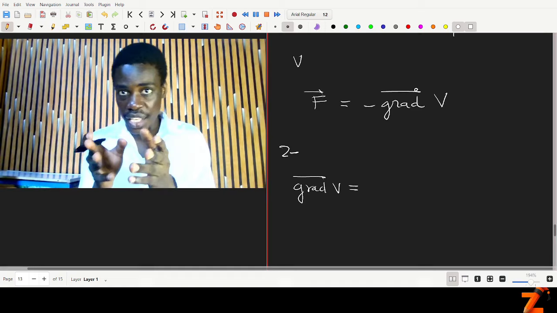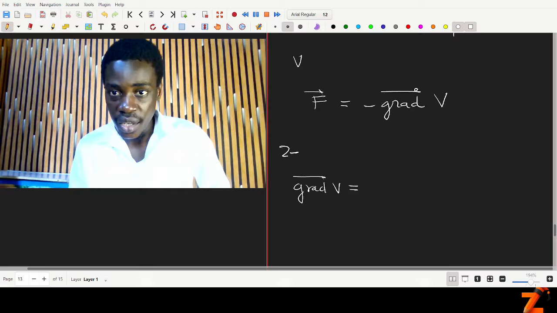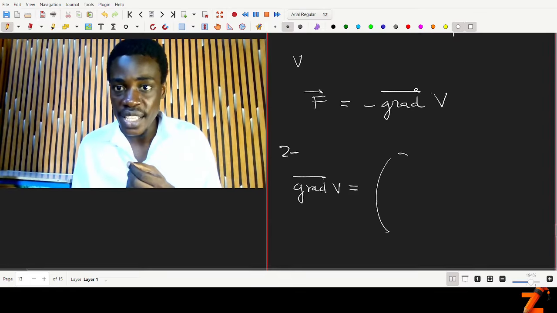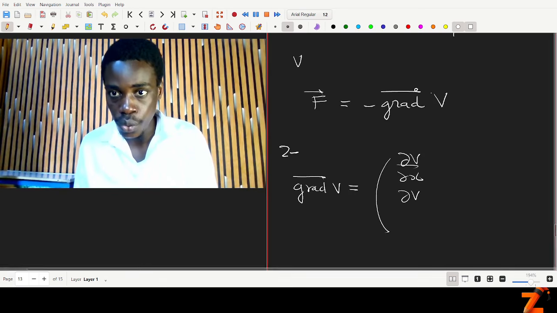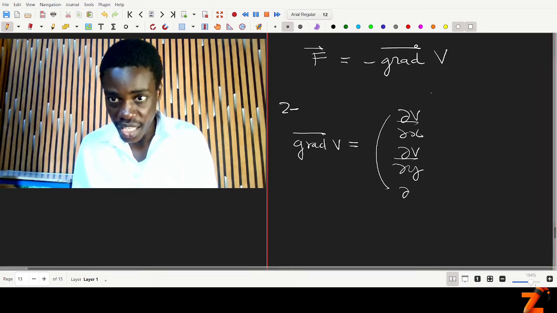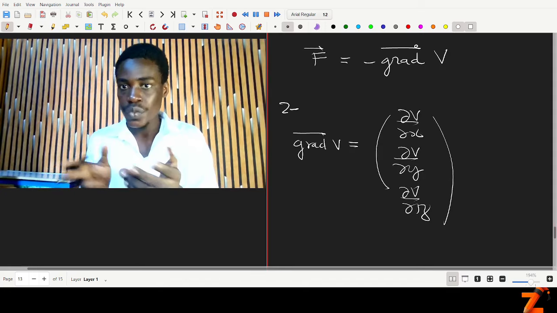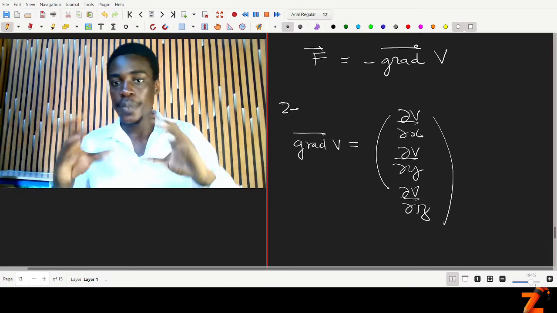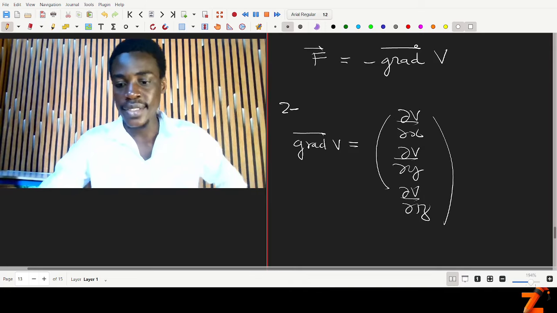The gradient of v is a vector with three components. The first component is the derivative of v with respect to x, the second is the derivative of v with respect to y, and the final one is the derivative of v with respect to z. So the gradient wraps up in a certain sense the three derivatives of the function, if I can put it like that.